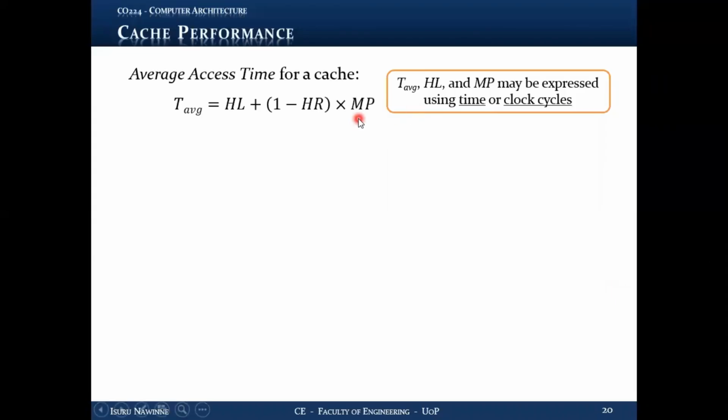The variables in this equation, that is the average access time, hit latency, and miss penalty, you can express them as either absolute time, nanoseconds, picoseconds, or in clock cycles. As long as you are using the same unit for all the terms here, you can use either absolute time or clock cycles.